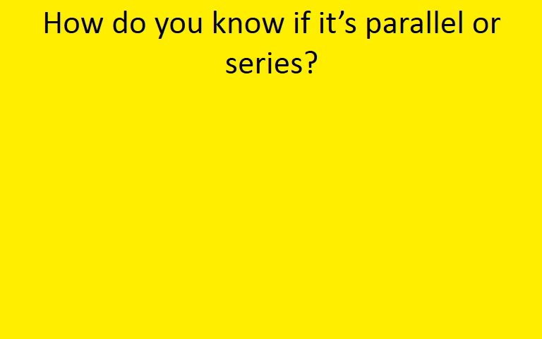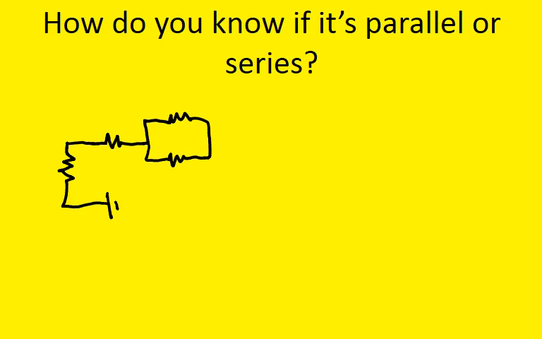So one of the things that's important with circuits is to know if something is parallel or in series. If you consider a circuit like this, we're not going to quite get to complex circuits in our study, but we can at least look at what's going to happen here.